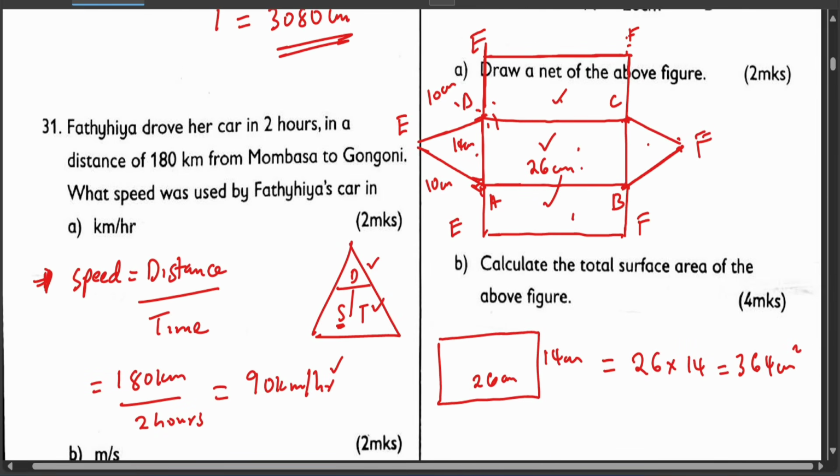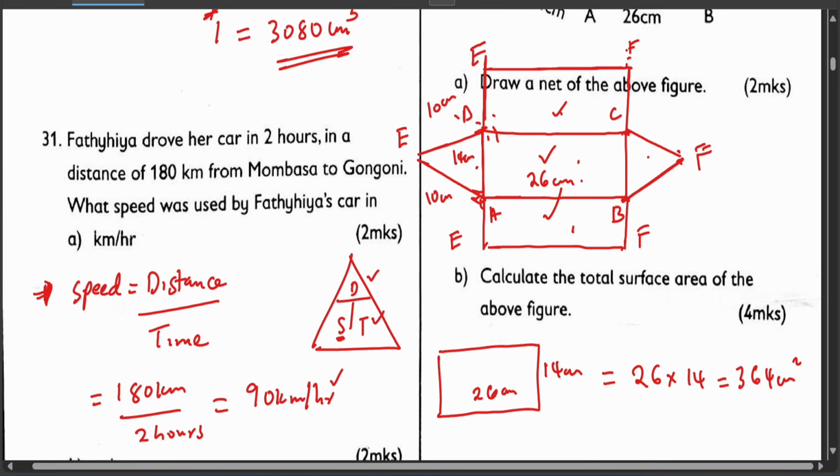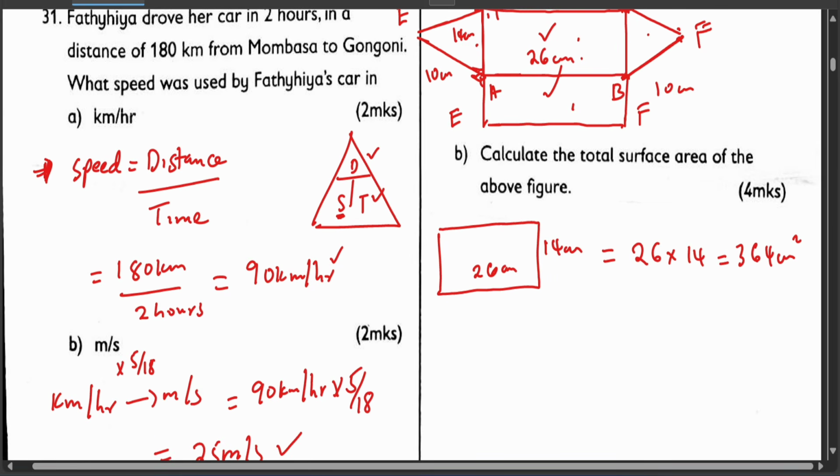So here is 10, here is 26. There are two rectangles like that. So 26 times 10, times 2 because there are two of them, so 260 times 2 gives you 520.